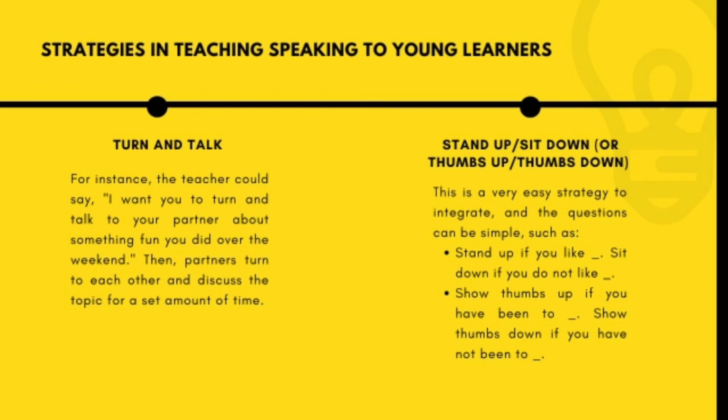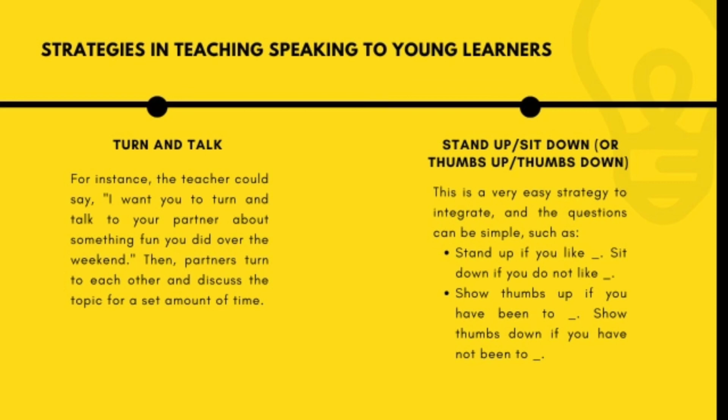Then, partners turn to each other and discuss the topic for a set amount of time. This is a very simple strategy and is great to use with young learners because the more frequently you provide opportunities for young students to share about their experience or opinion, the more they will feel connected to content and value in the classroom community.